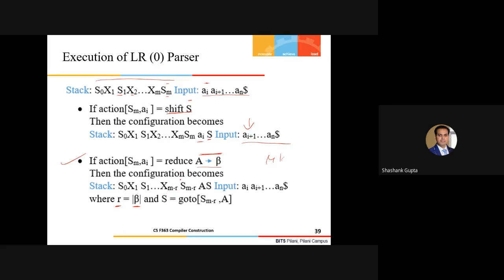That's why we have written here X sub M minus R, S sub M minus R. And we push A first and the corresponding S symbol. This S symbol will be extracted from goto of S sub M minus R comma A, right?